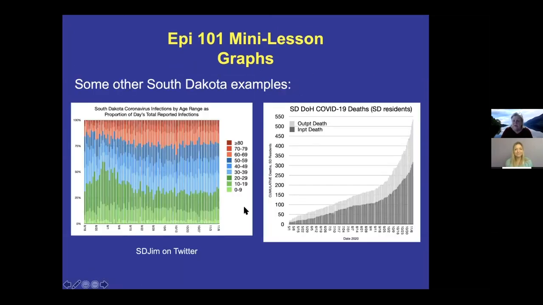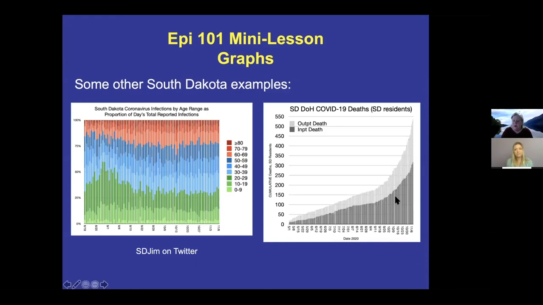On this graph on the right-hand side, this is an interesting graph. I do not track this data, but he has plotted it really nicely. These are the number of deaths among South Dakota residents. This dark line, again, the bottom is date along here, and this is the cumulative number of deaths. And you can see that over time, this darker area is increasing. It's a cumulative graph. But the thing that's interesting is where the deaths are occurring.